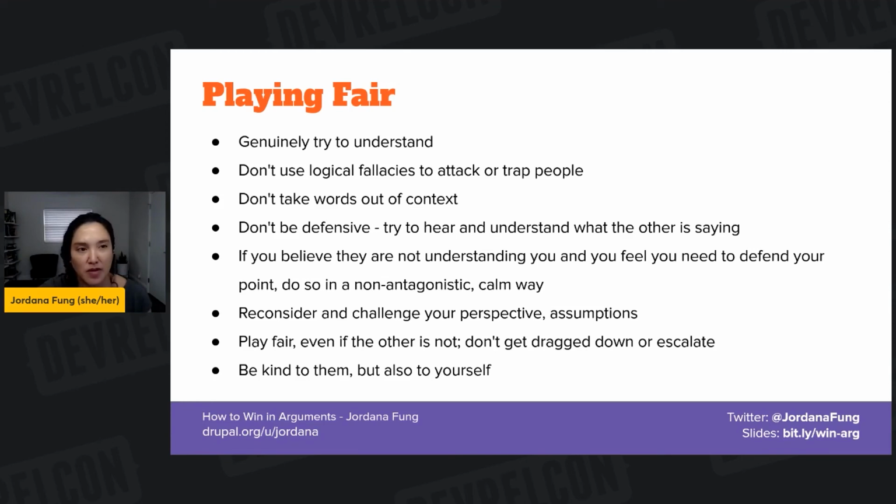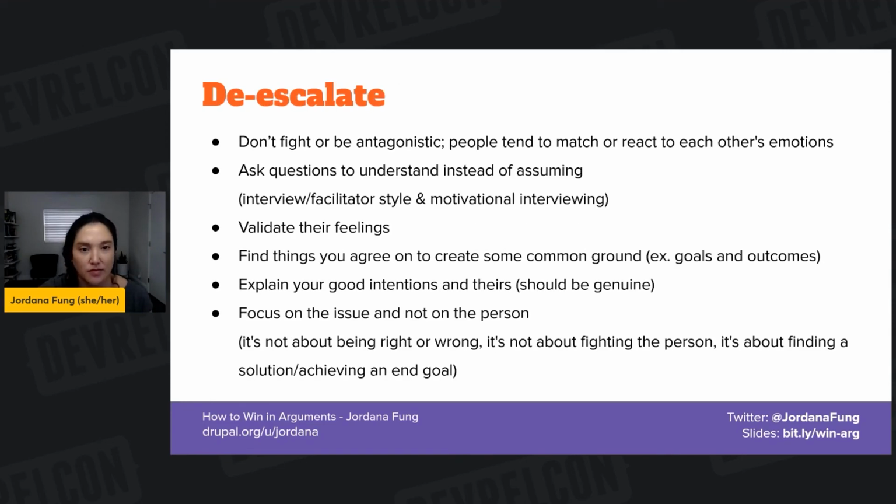So what happens when things get escalated? We have de-escalation tools that you could use, but also it's better to start de-escalating before it's come to a boiling point. So make sure you're not being antagonistic or angry or fighting.